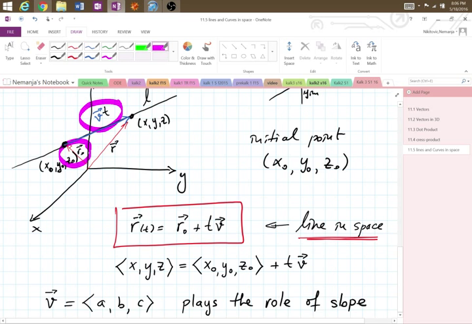You see how they're head to tail? They're ready for the addition. Head to tail method to add vectors. So R0 plus Vt is equal to the resultant, which is R. So that's why the vector equation over here is the way it is. R is equal to R0 plus tV.